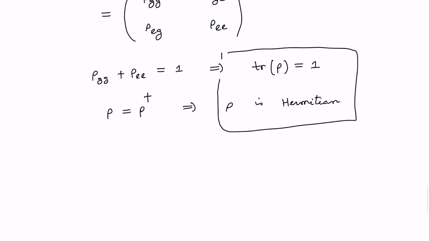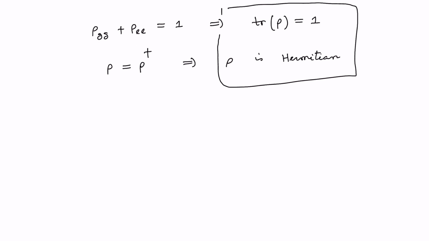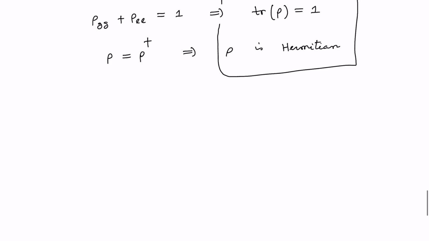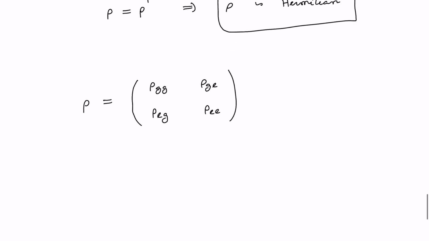So a typical two-level atomic system represented by the density operator, let me write once again, I can represent it by this density matrix rho_zz, rho_ze, rho_ez, rho_ee, where rho_zz is the density matrix element. In fact, this is the matrix element <z|rho|z>, and as we have seen, this is nothing but |c_z|^2.